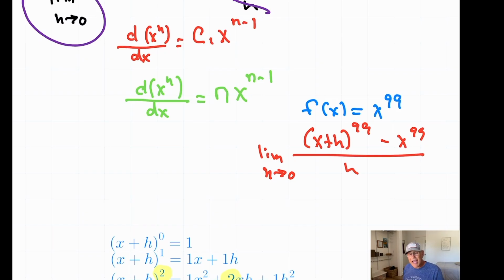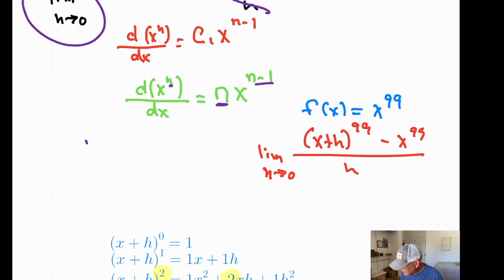Which means I would have to expand this binomial 99 times. Totally unreasonable. But the power rule says that whatever this exponent is right here, I just need to move it in front as the coefficient and subtract 1 as my new exponent.